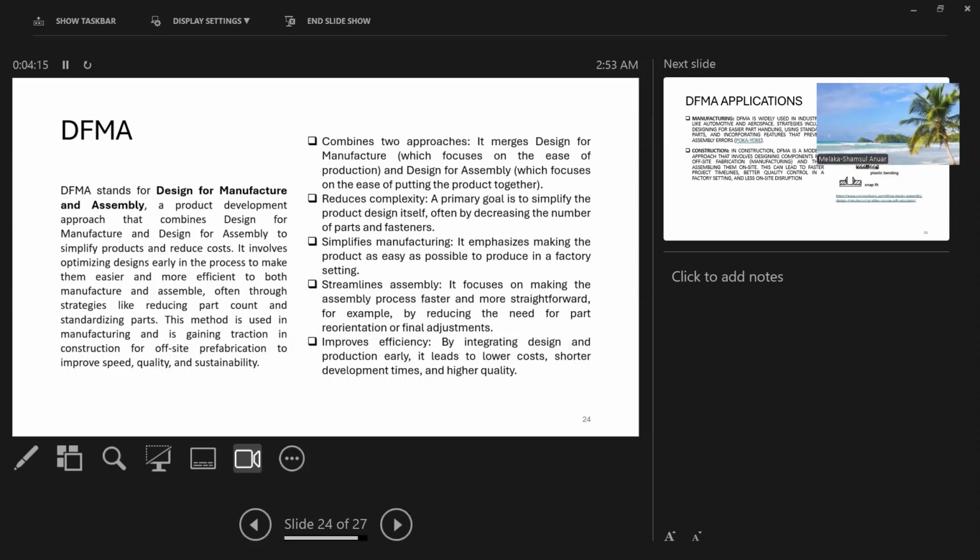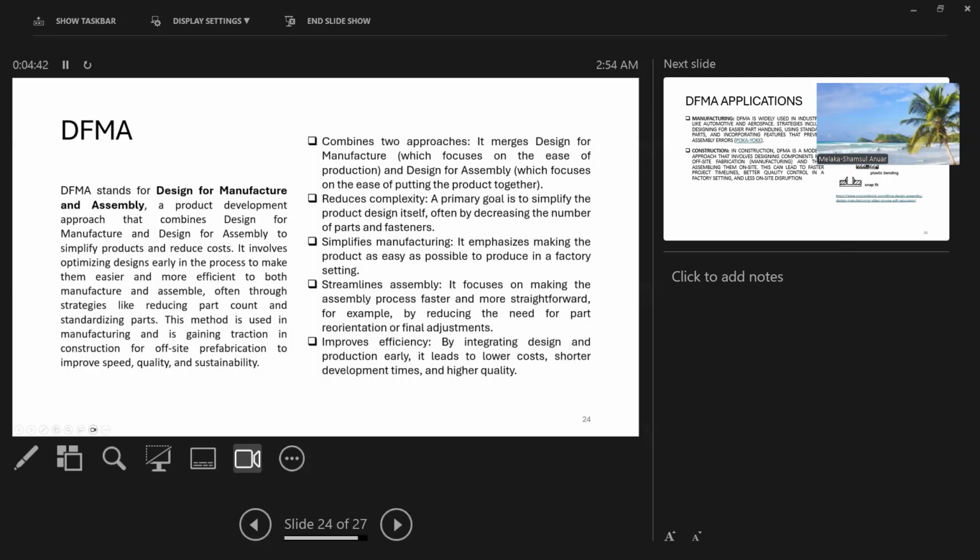The X can be so many other things. It can be manufacturing, assembly, maintenance, environment.